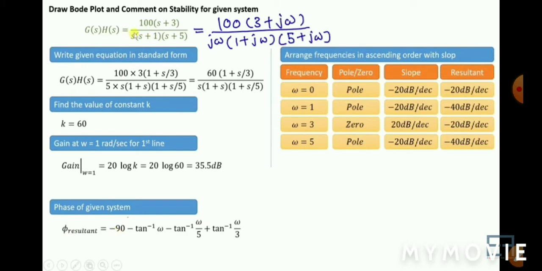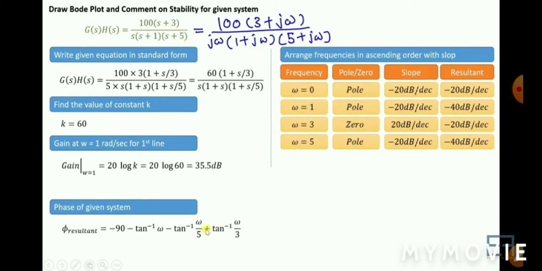Now we will draw the phase angle formula using this transfer function. For 100 into (s plus 3), we write it last: plus tan inverse of omega by 3. Here s means j omega, so tan inverse of imaginary by real gives minus 90.